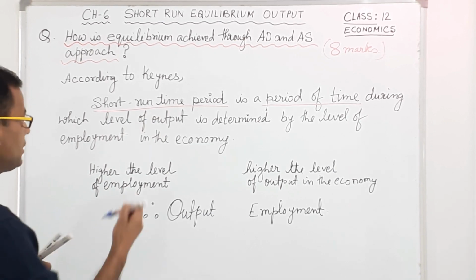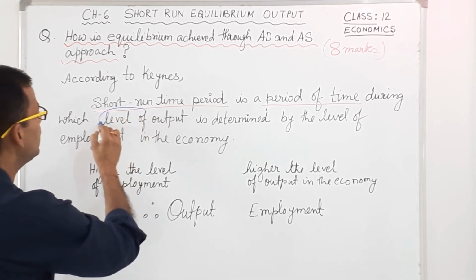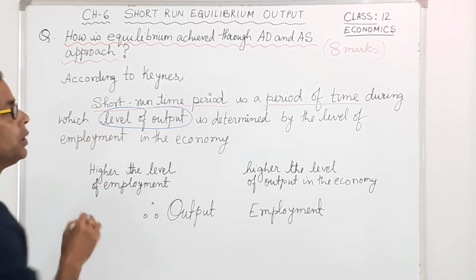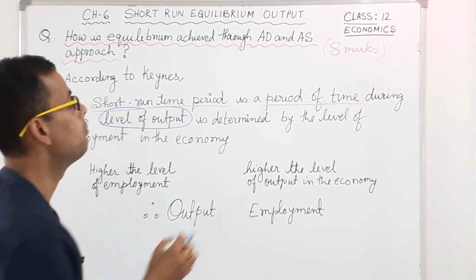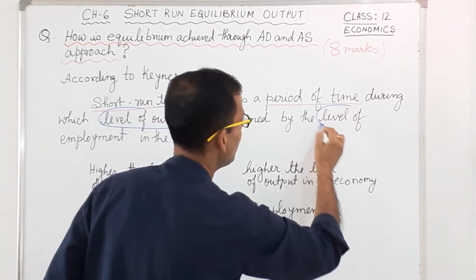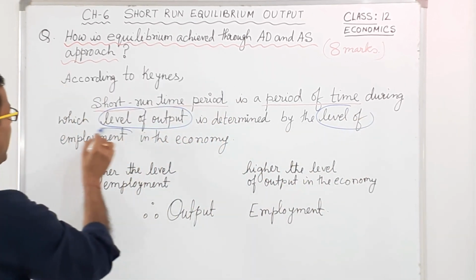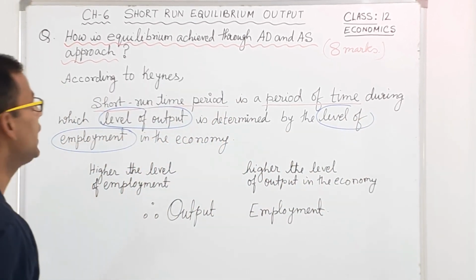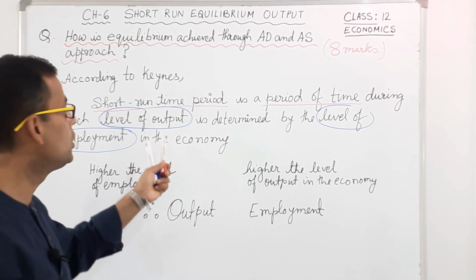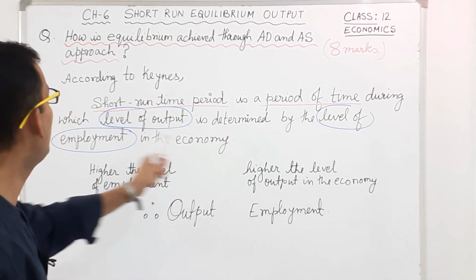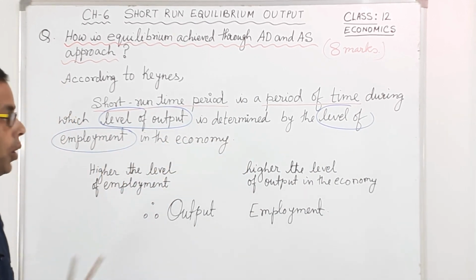Let me highlight it with another color. The level of output is determined by the level of employment. That means output is determined by the level of employment.